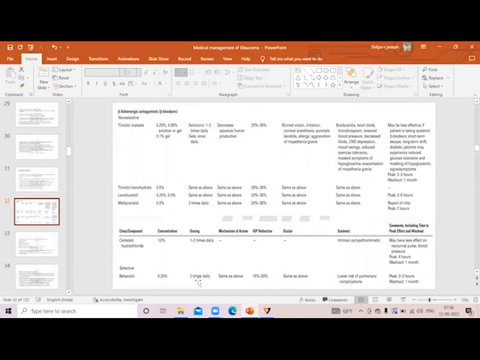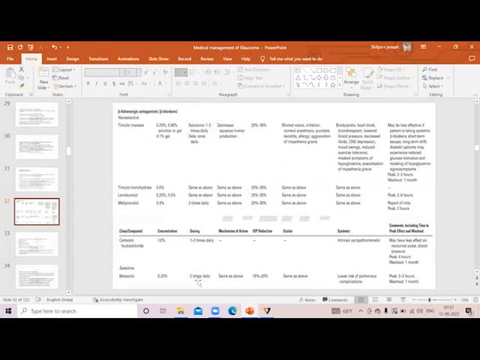We cannot give timolol in asthma patients. Cardioselective is not to be given in cardiac patients, but it can be given in pulmonary patients. Beta 1 selective is betaxolol, so you can give it in asthma patients, not in cardiac patients. Previously levobunolol was also commercially available, but because of its inefficiency it has been removed, so it is not available commercially as of now.